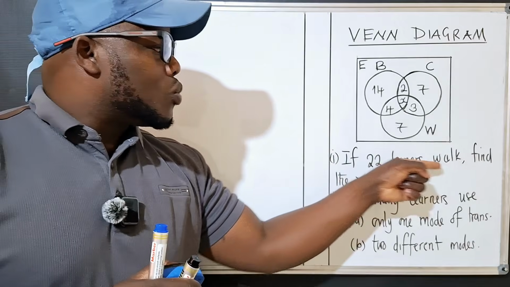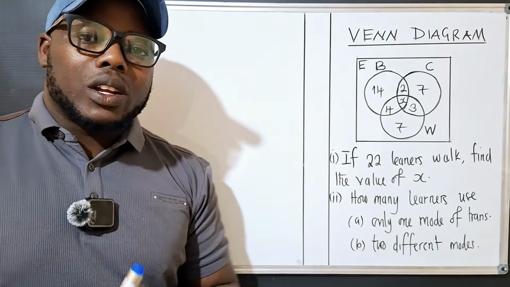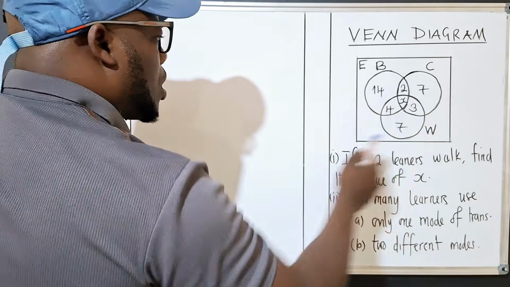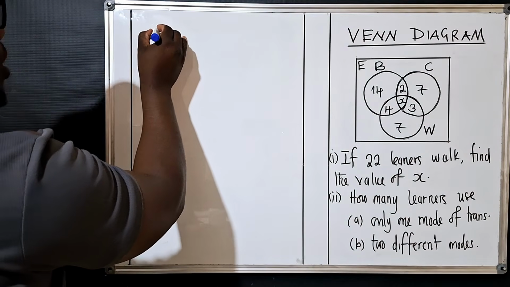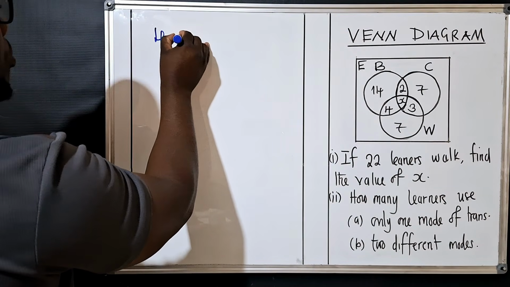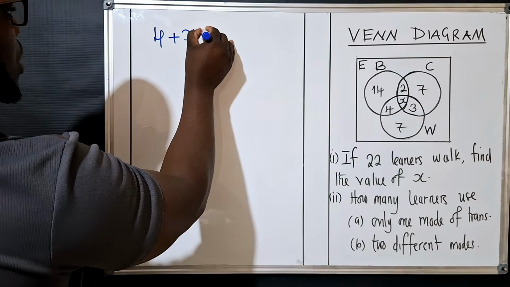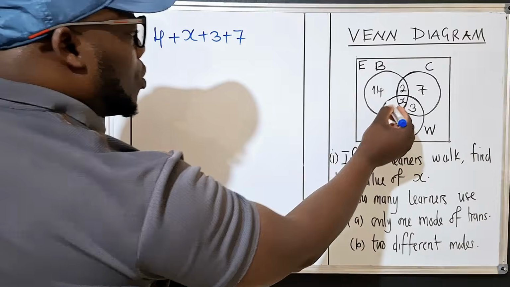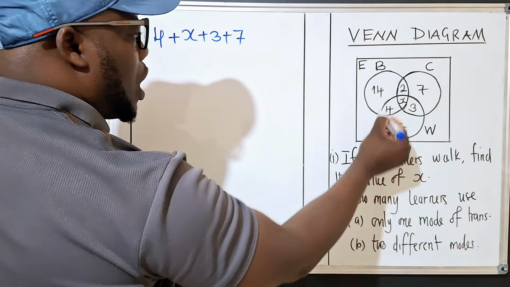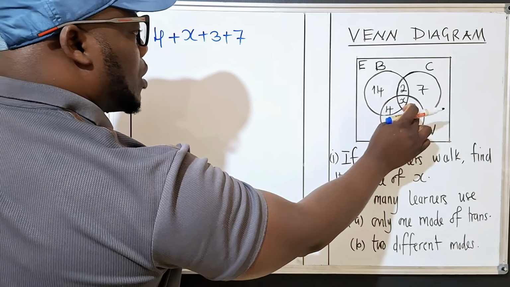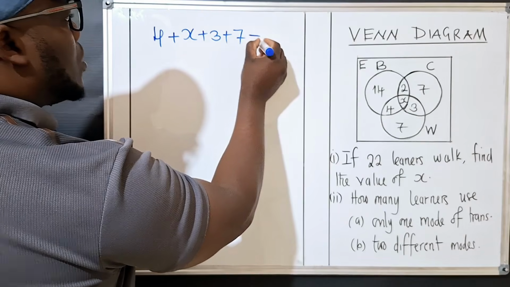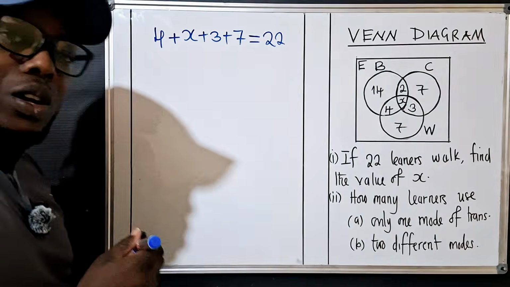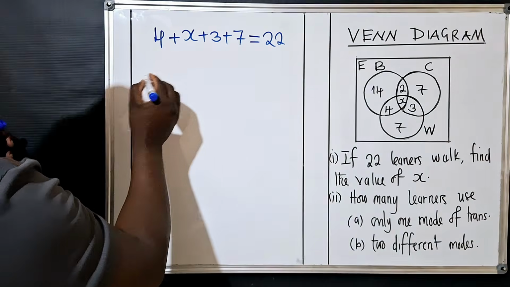Now, the statement here comes in. If 22 learners walk, find the value of x. So you go to where walk is, and add all the elements that you're able to see: 4 plus x plus 3 plus 7. These are the elements found in walk. This is equal to 22, according to what we've been told in the statement. Here we can just solve the equation.